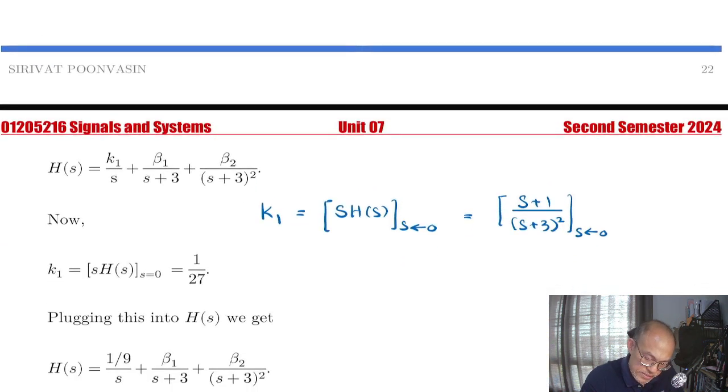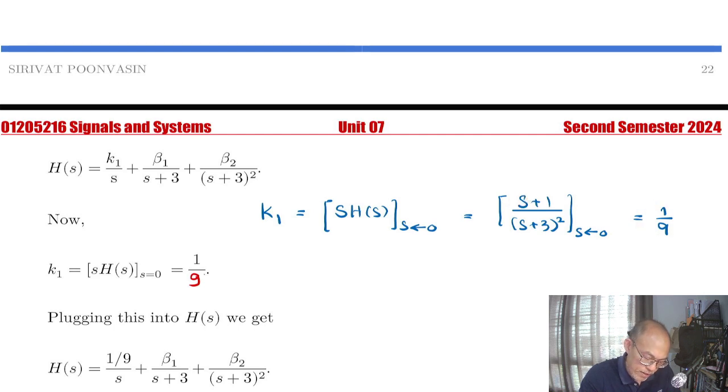So I guess this is 1 over 9. I guess this is not correct. This should be 1 over 9. Sorry, there's a mistake here. 1 over 9. Because when you plug in s equal to 0 here, you get 3 squared, which is 9, and 0 plus 1 is 1, so 1 over 9.